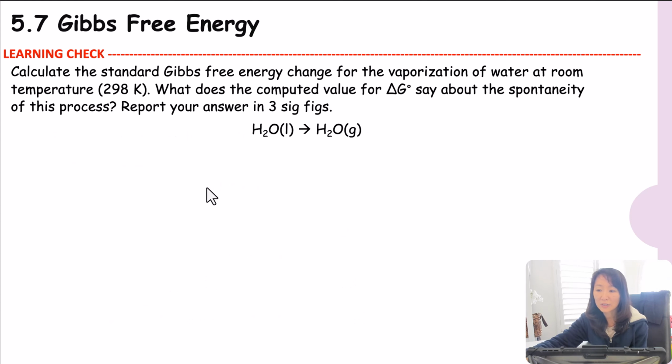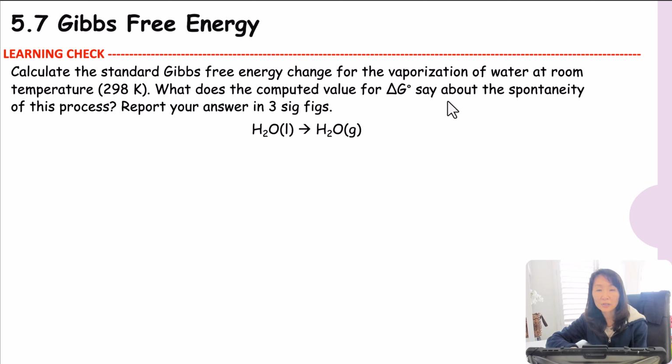So here's a learning check we can do. Let's go ahead and read it. Calculate the standard Gibbs free energy change for the vaporization of water at room temperature 298 K. So it's already at 298 K, which means it's at standard. What is the computed value for delta G naught? Say something about the spontaneity of this process.